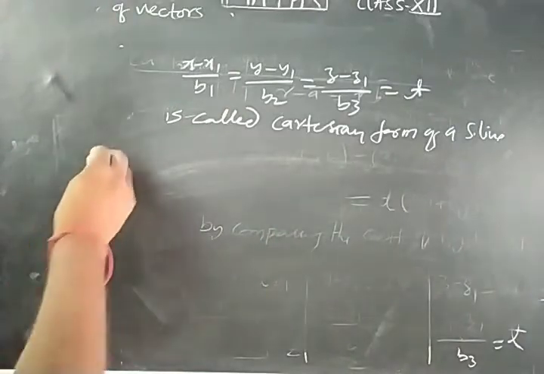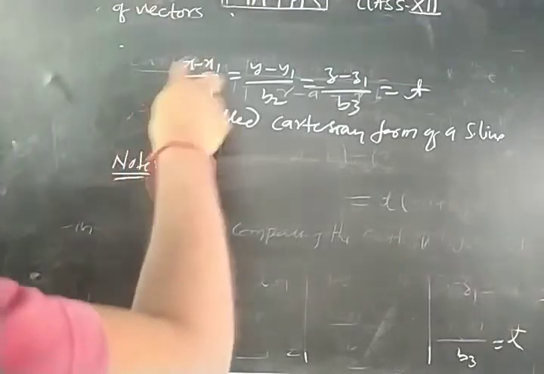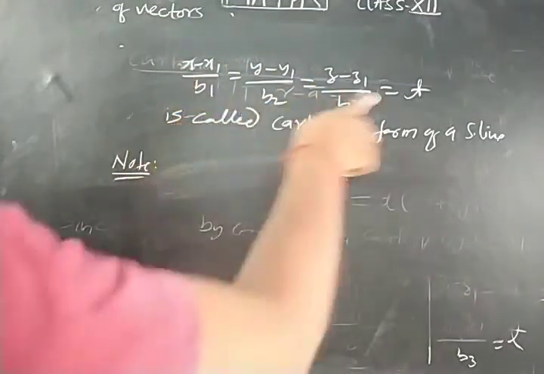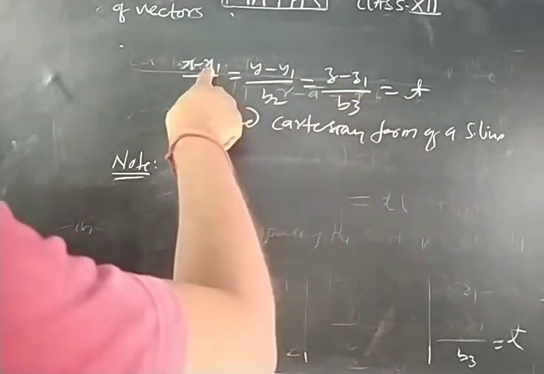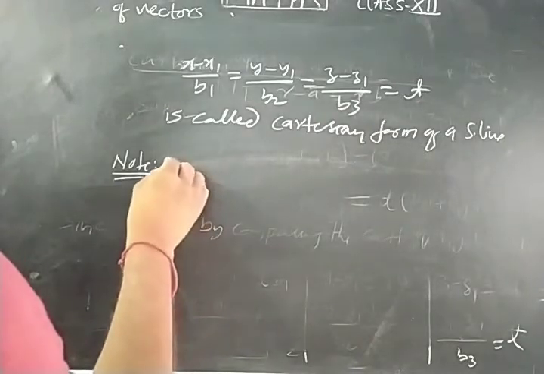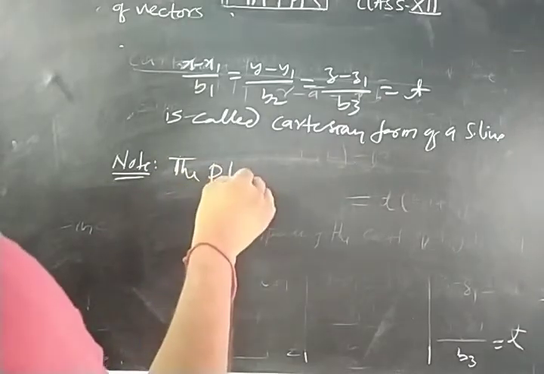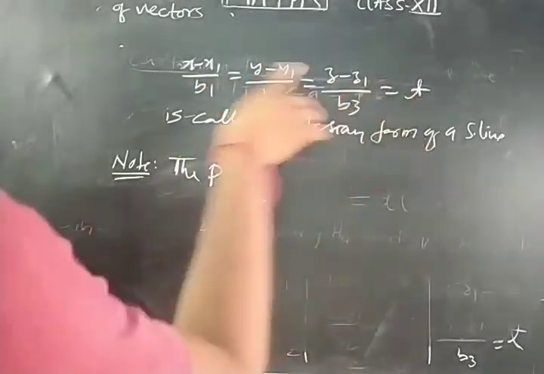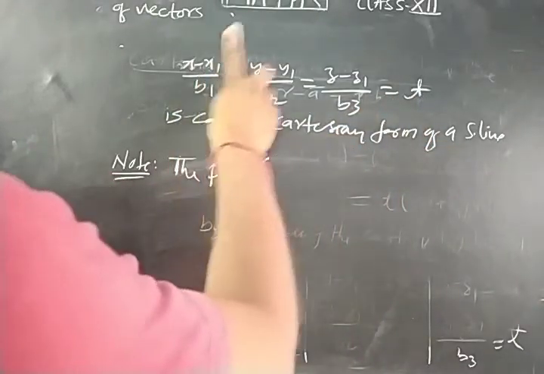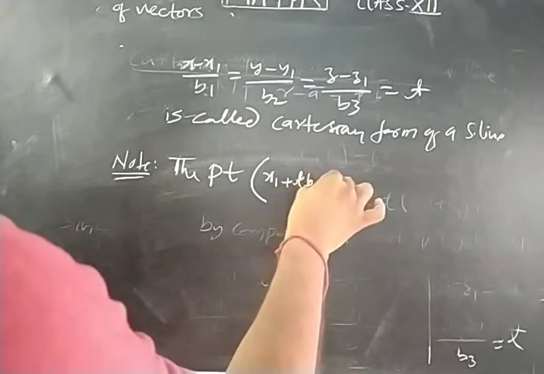Note 1. Suppose you need any arbitrary point on the straight line, then how to get the x coordinate? By equating this, you will get the x coordinate by sending b1 to the right-hand side, tb1, and sending x1 to the right-hand side, x1 plus tb1.